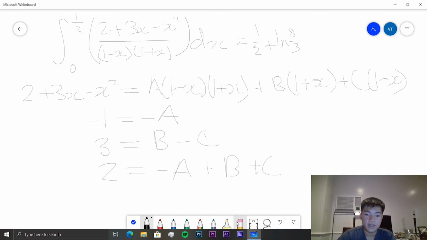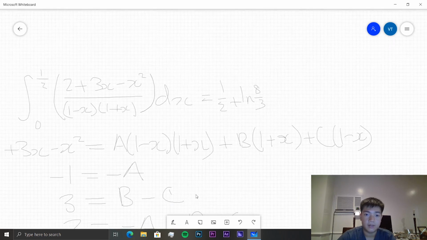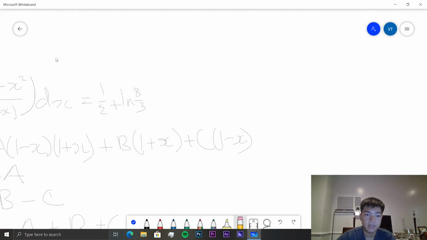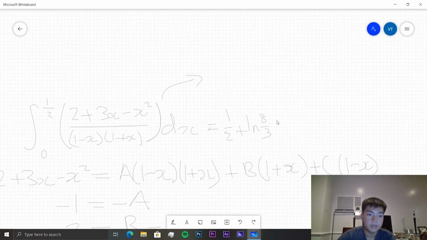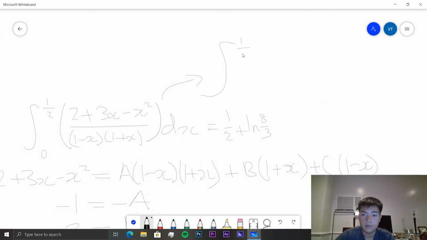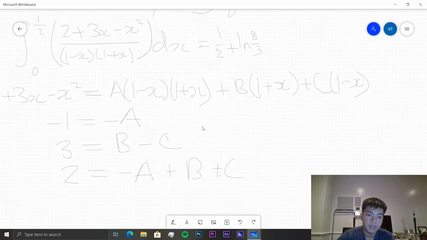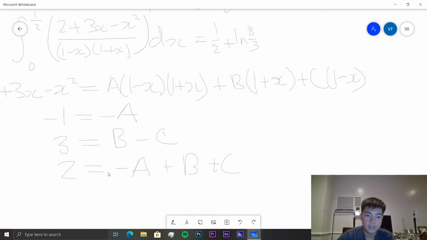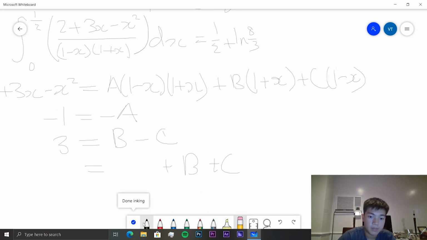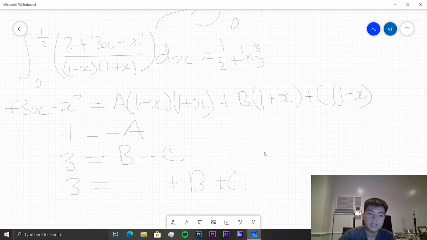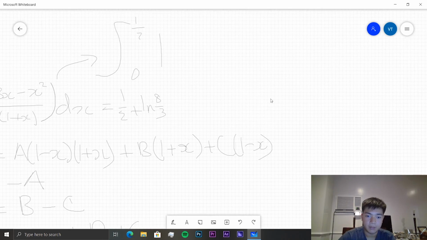So we already know that a is equal to 1. So we can rewrite this integral as the integral between 0 and 1/2 of 1. So now we're left with two equations. So we have 3 is equal to b + c, and 3 equals b − c. So in other words, c is equal to 0 and b equals 3.